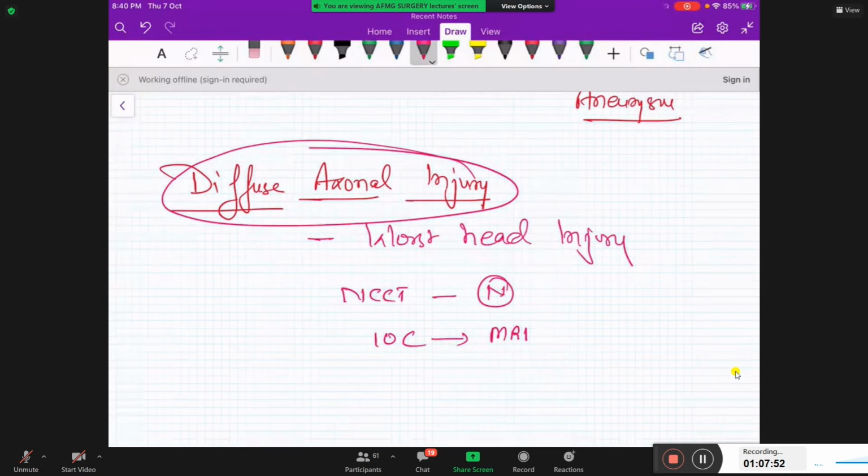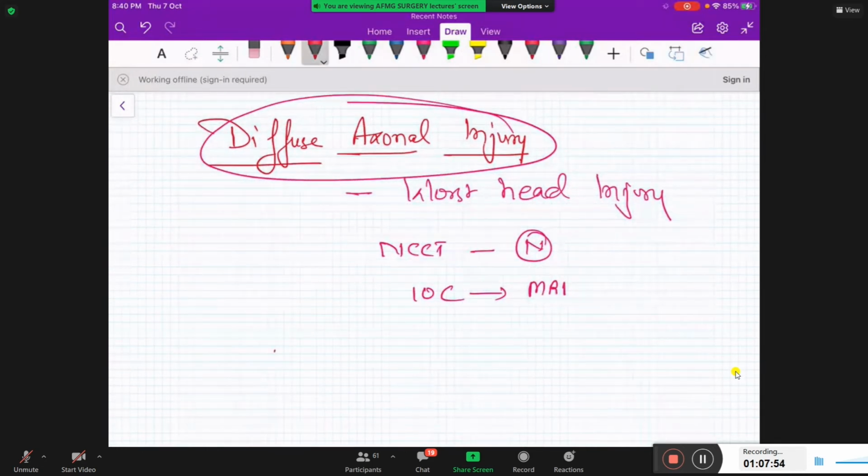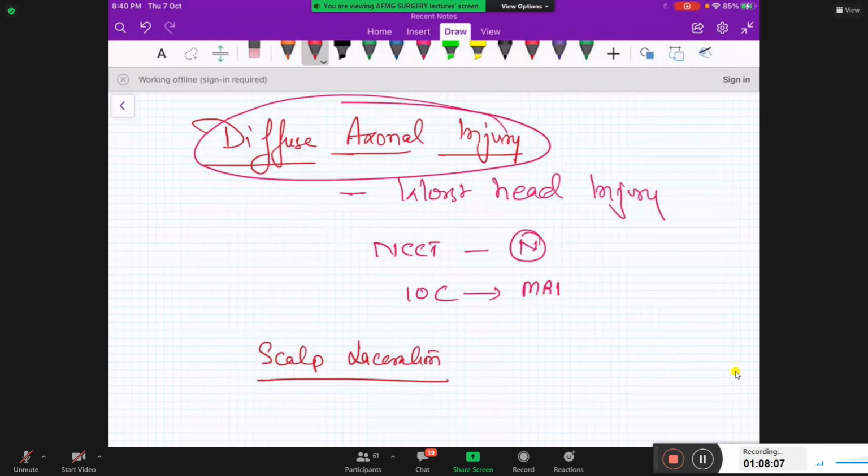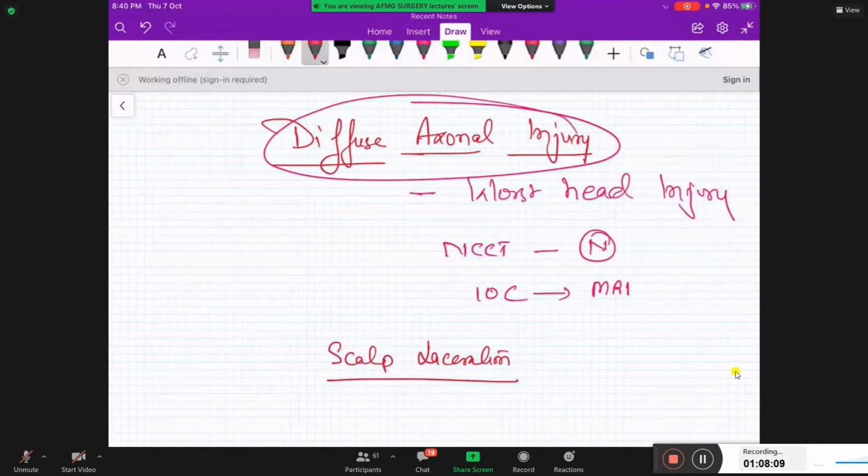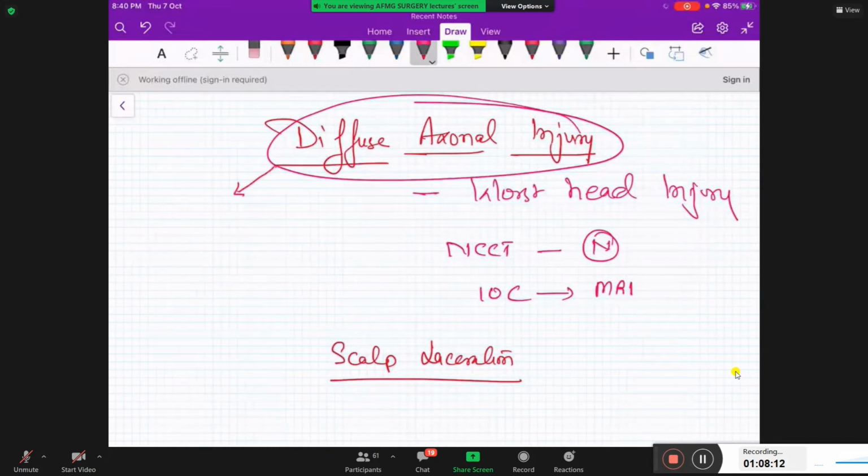Then you should also know something about scalp laceration. We will see what happens in diffuse axonal injury. Diffuse axonal injury happens because of a shearing tear between white and gray matter.